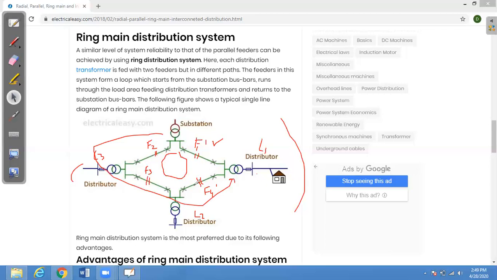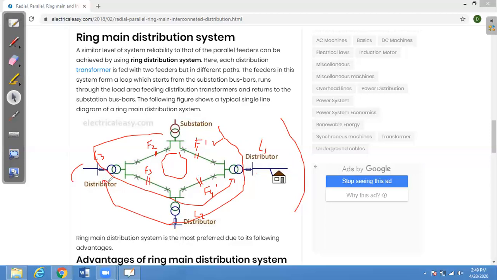Now similarly, if F2 fails, so you can supply the power to this L3 via F1, F4, and F3. So this is basically the ring main distribution system. In this system, if one of the feeders fails, you can supply the load with the other alternative feeders as well.